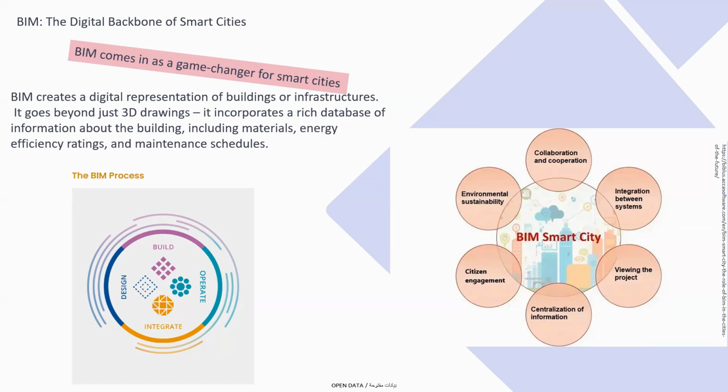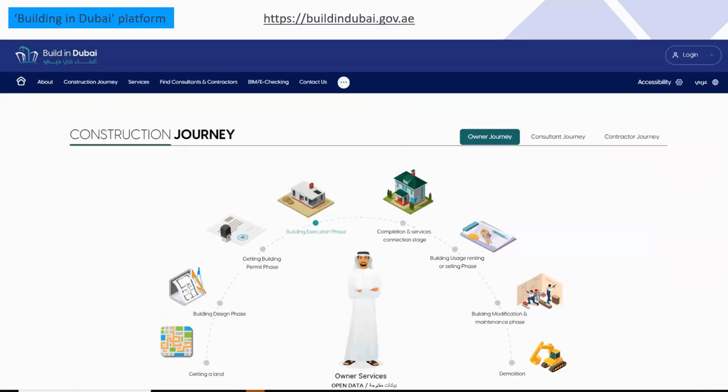Now, if we look at the graph at the right side, we can see that BIM takes a lot of factors like collaboration and integration, viewing the project, centralization, etc. So we are gathering information about not only buildings, but roads and different infrastructure.